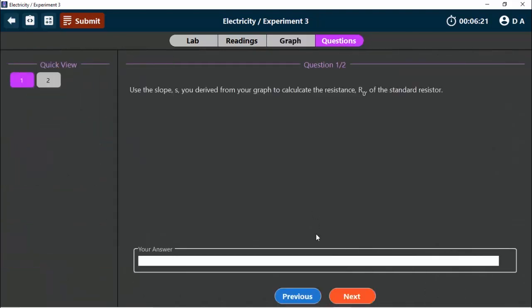So R0 is 2. The next question is: the terminal potential difference, that's PD, of a battery is always greater than the electromotive force of the battery. You are asked to say whether that statement is true or false.